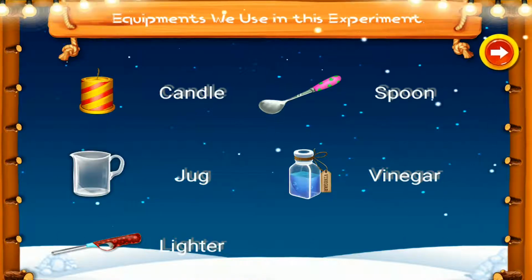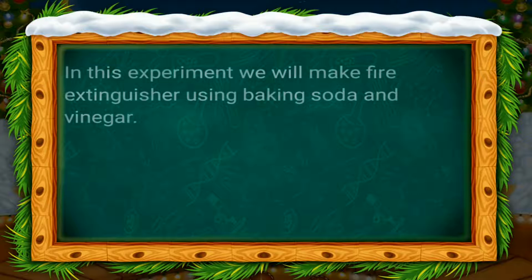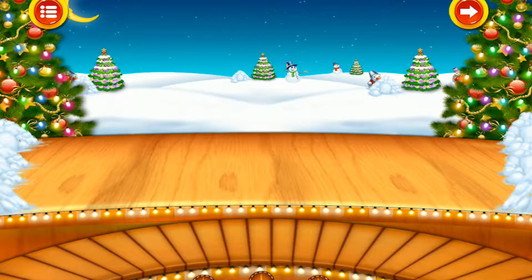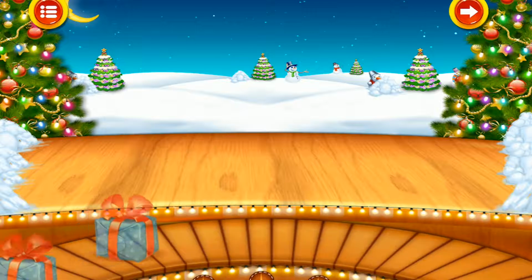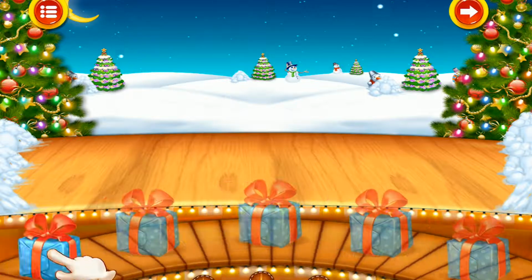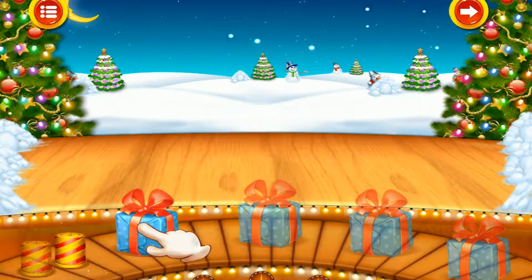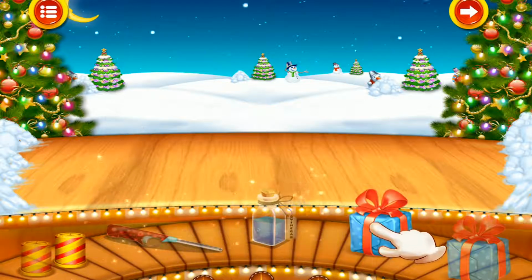In this experiment, we will make a fire extinguisher using baking soda and vinegar. Take a candle on the shelf. Take another candle.